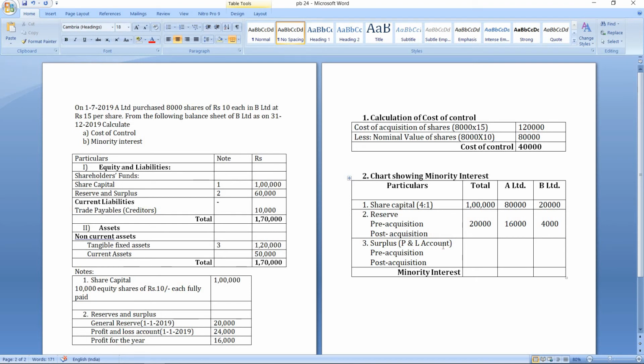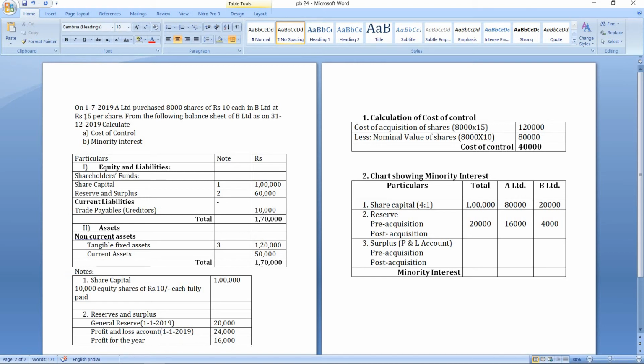Next is profit and loss account. Profit is given for the beginning of the year, which is 24,000, and profit for the year is 16,000. First we have to determine what is pre-acquisition profit and what is post-acquisition profit. The 24,000 is the profit given at the beginning of the year. But what is the date of acquisition? Date of acquisition is 1st July. And the 16,000 is the profit given for the entire year.